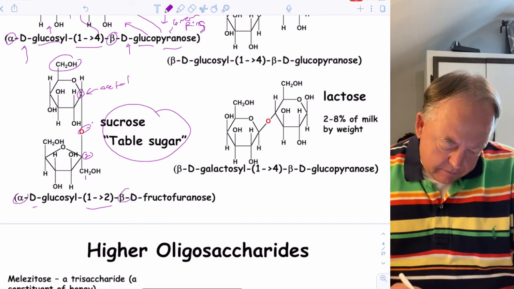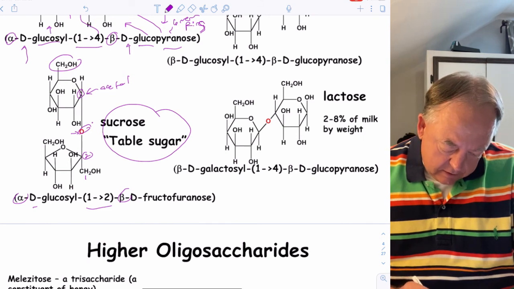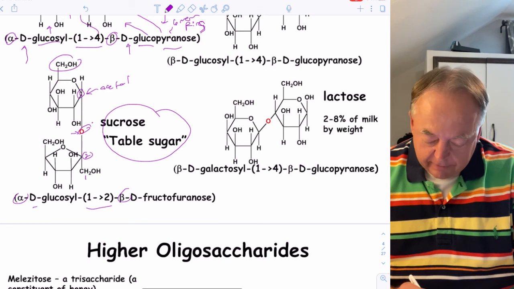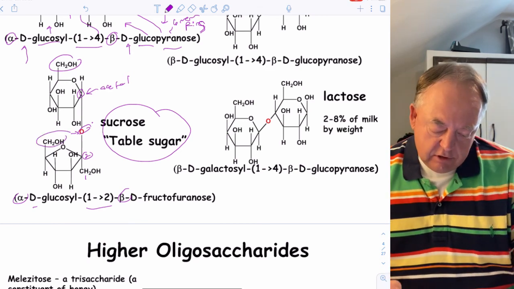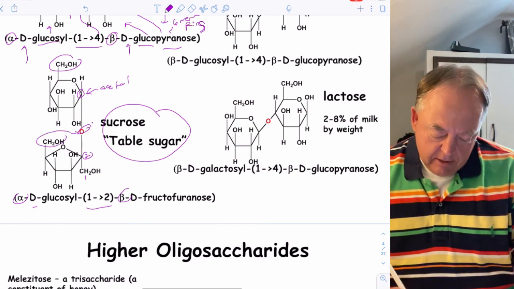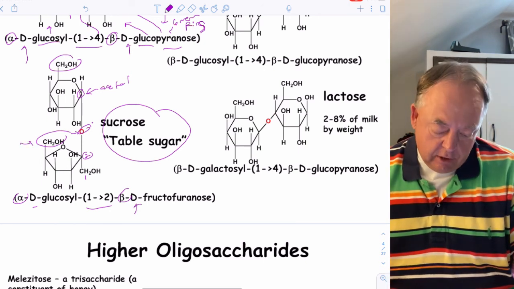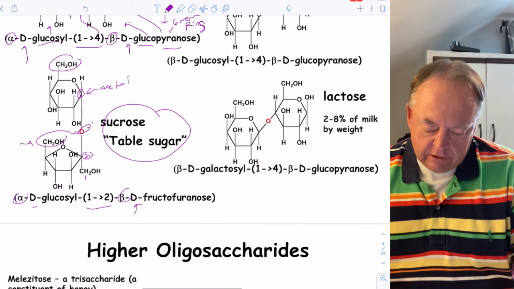And then beta, because this hemiacetal, or hemiketal, carbon is cis to the CH2OH, and D, again, the CH2OH is up, so we know that was from a D sugar.